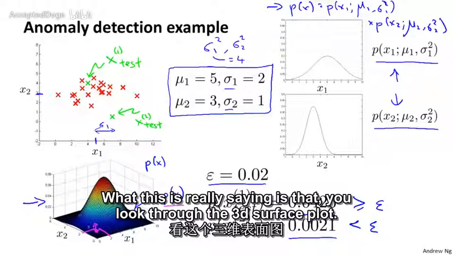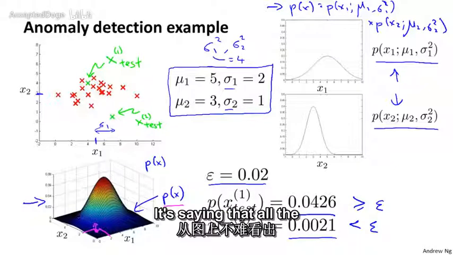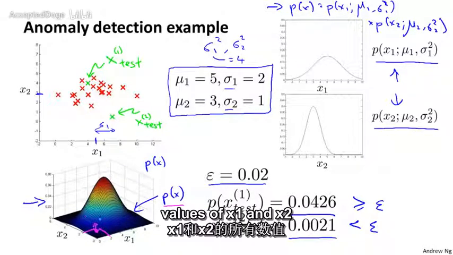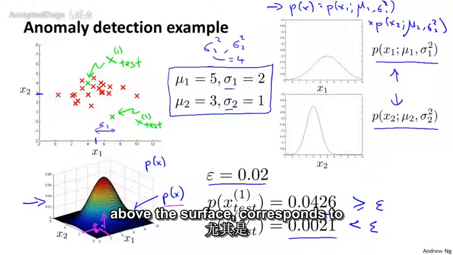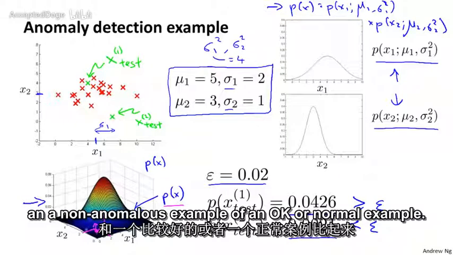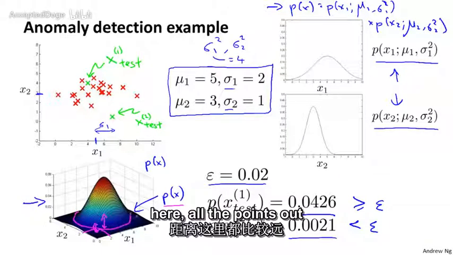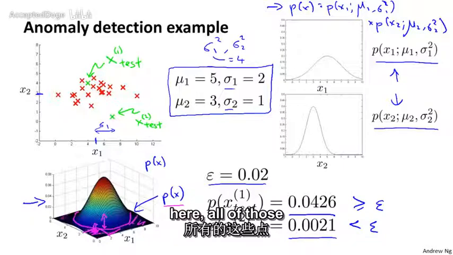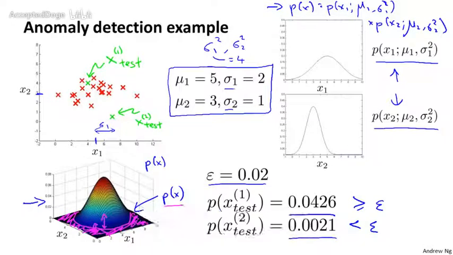And in fact, what this is really saying is that if you look at this 3D surface plot, all the values of x1 and x2 that have a high height above the surface correspond to a non-anomalous, or normal, example, whereas all the points far out here have very low probability, and so we're going to flag those points as anomalous.